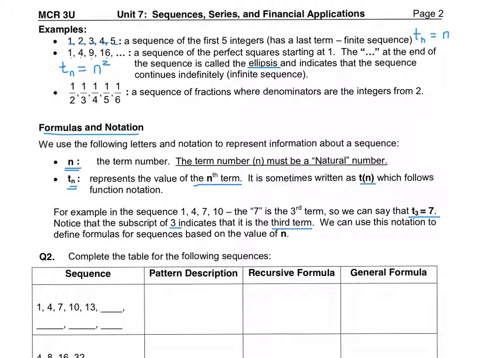For the last one here, my fractions all had 1 on the top. My nth term would have a 1 on the top, and then on the bottom, I'm really just taking my position number and adding 1 to it. So the first term is 1/2. The denominator is just 1 plus 1.